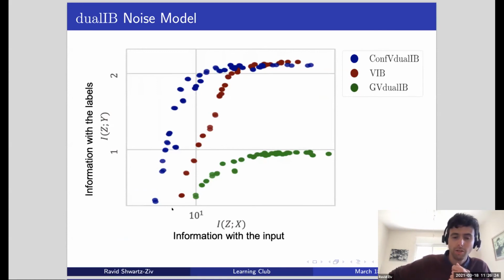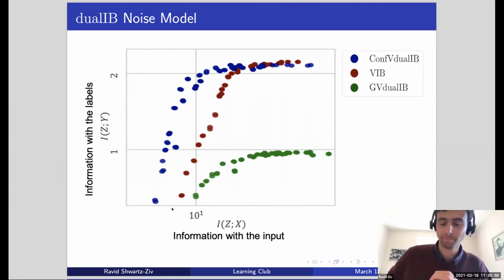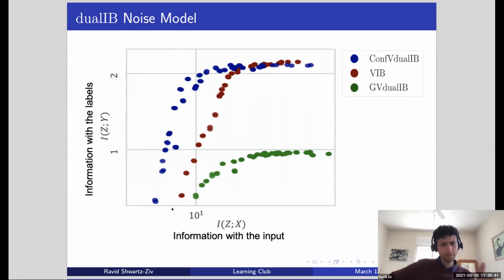This is again the information plane, information with the input versus information with the labels, and each color is a different noise model. The bottom line is that the noise model really matters to the performance and the representation, and you need to take care what your noise model is in this framework.